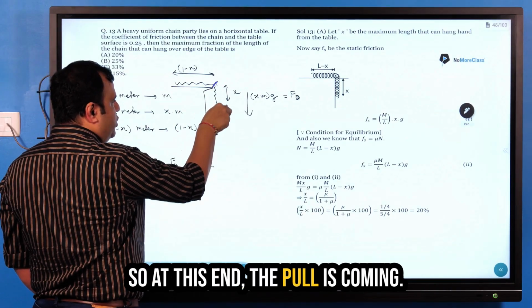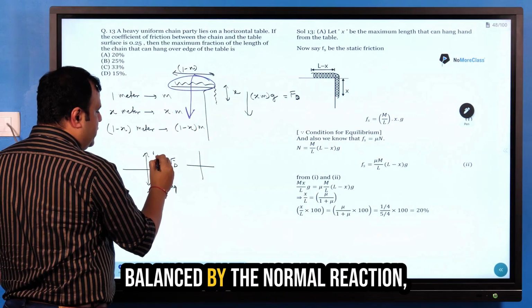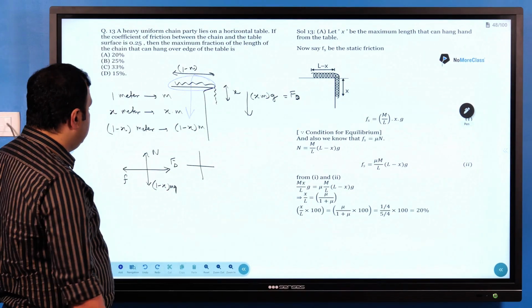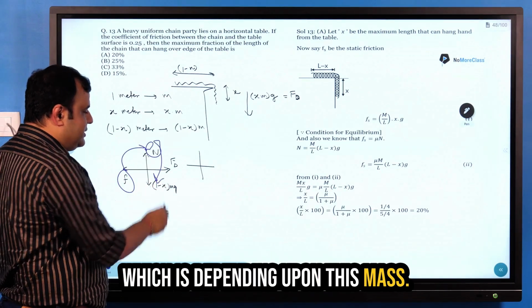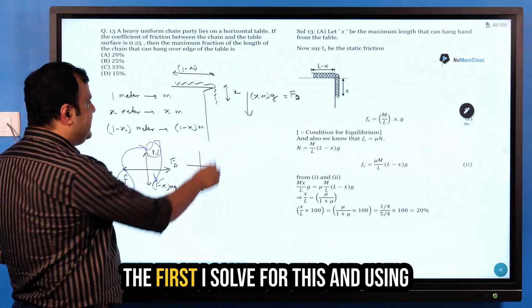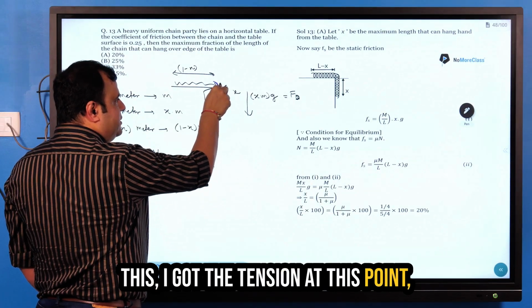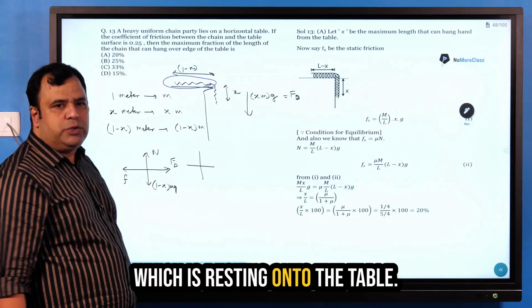So at this end, the pull is coming. This is the mass which will be acting downward, which will be balanced by the normal reaction, and then there will be friction. Now this friction will depend upon this normal, which depends upon this mass. So first I solve for this, and using this, I got the tension or driving force at this point. And then I am solving the portion which is resting on the table.